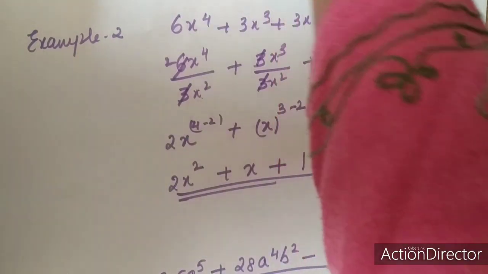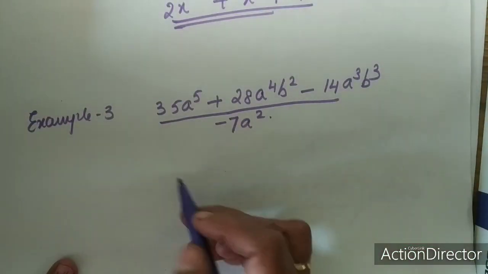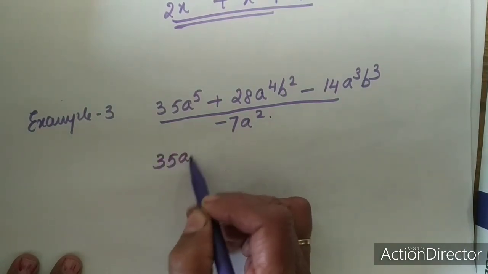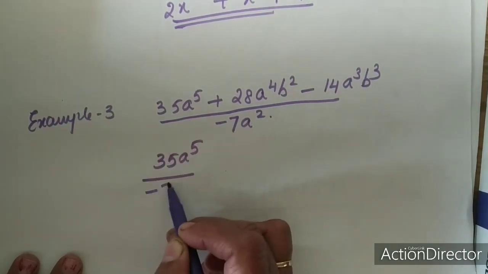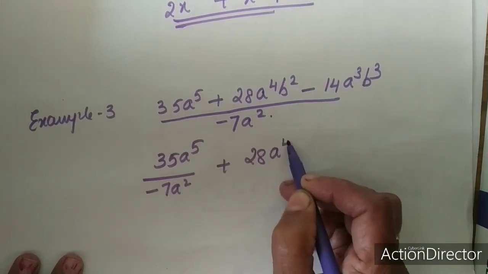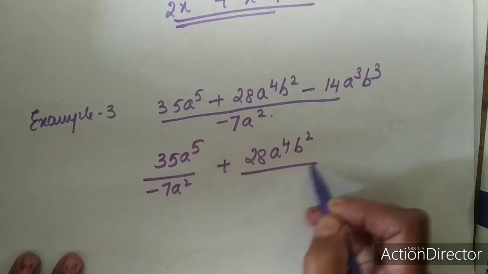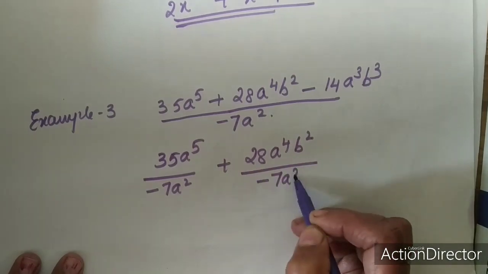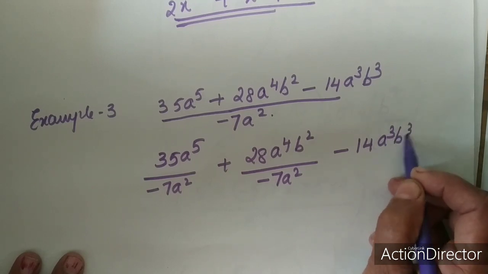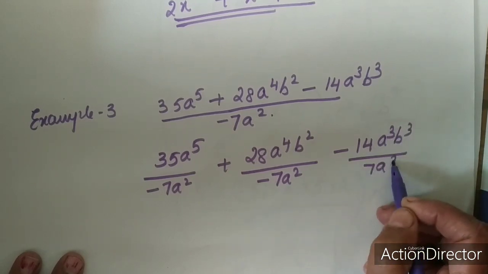So we'll see one more example. Example number 3. This is 35a power 5 minus 28a power 4 b square minus 14a cube b cube upon 7a square.